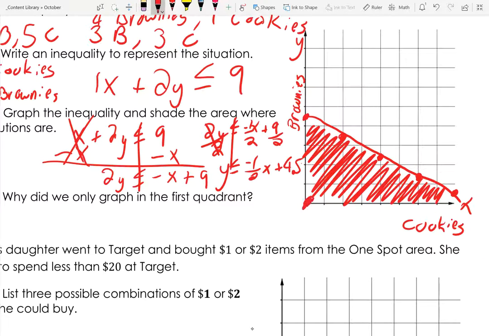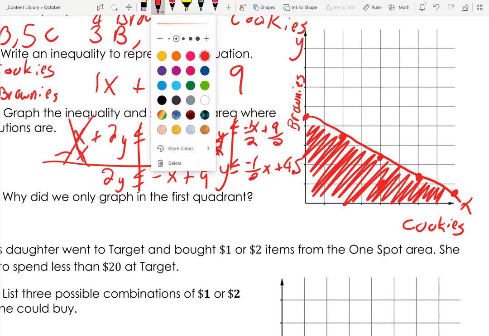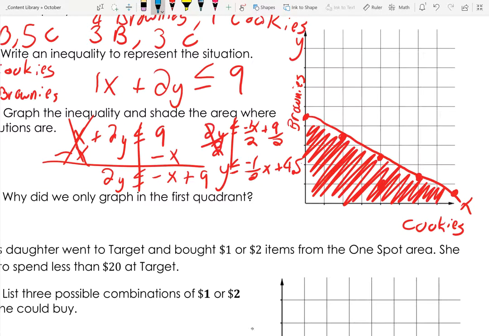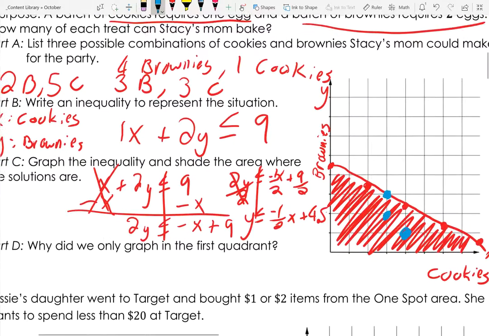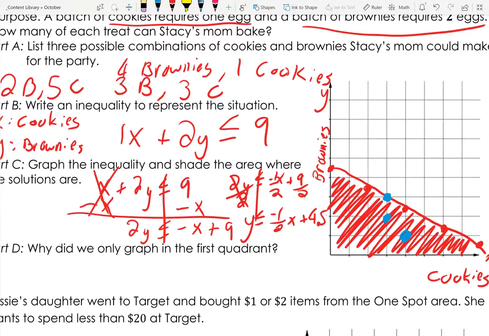I could make 0 and 0 if I wanted to. I could make, for example, 4 batches of cookies. I should use a different color for this so it stands out. Choose blue. I could make 4 batches of cookies and 1 batch of brownies. I could make 3 batches of cookies, 2 batches of brownies. I can even get on the line right here, for example, and say, I'm going to make 3 batches of cookies and 3 batches of brownies, which is one that we said earlier.